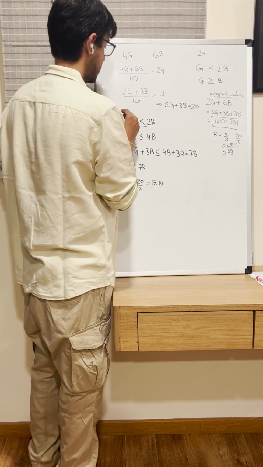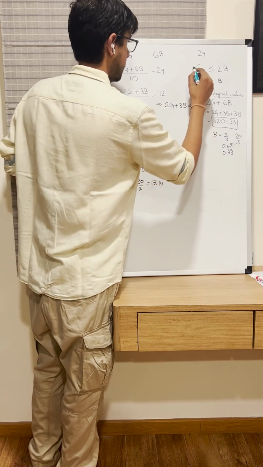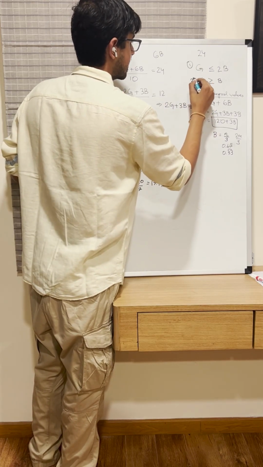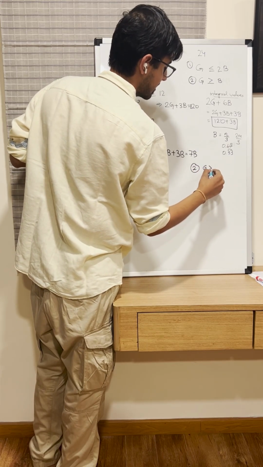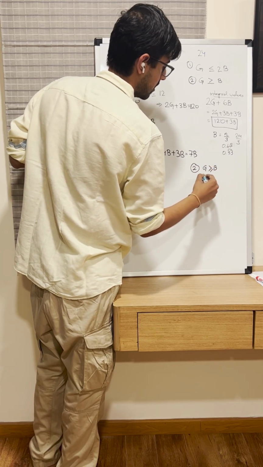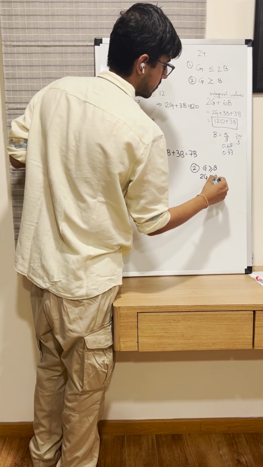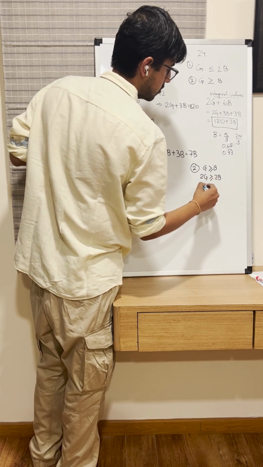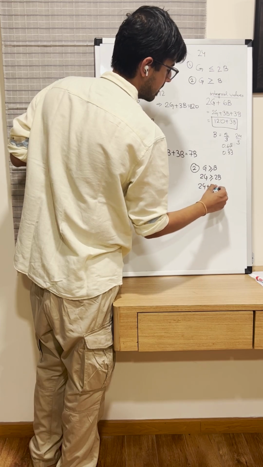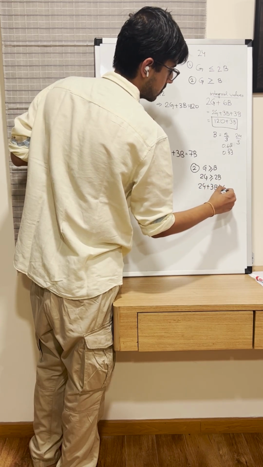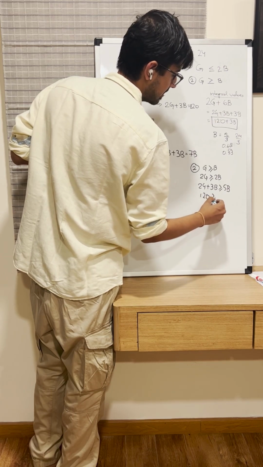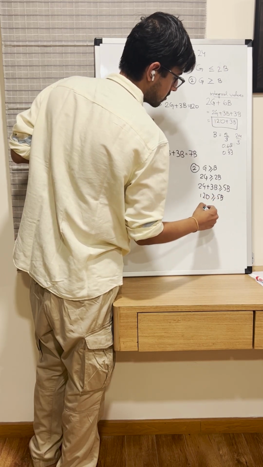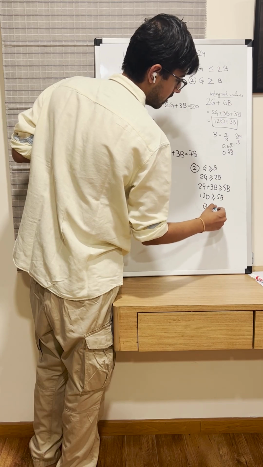This is condition number 1. Let's look at condition number 2. G is greater than or equal to B. 2G is greater than or equal to 2B. 2G plus 3B is greater than or equal to 5B. So 120 is greater than or equal to 5B. So B is less than or equal to 24.